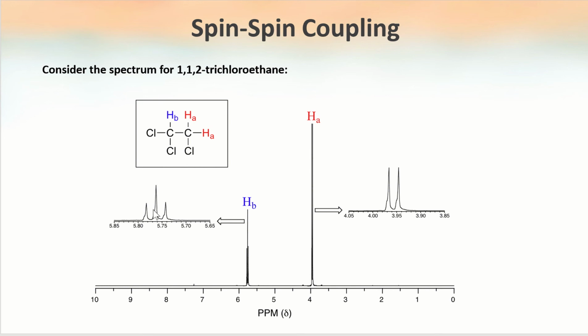And the same for this, the midpoint here, that is the value that we would record as our chemical shift. And again, this is just a zoom in of this little portion from 5.65 to 5.58.